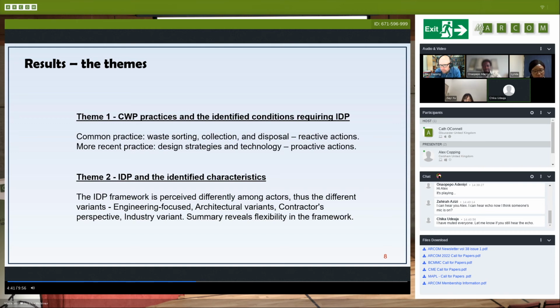Theme 2, IDP and the identified characteristics. This theme noted different variations of IDP, which depend on the different perspectives and approaches peculiar to engineering, architecture, and the industry. Those variations still shared common practices and are evidence of flexibility inherent in the IDP framework.